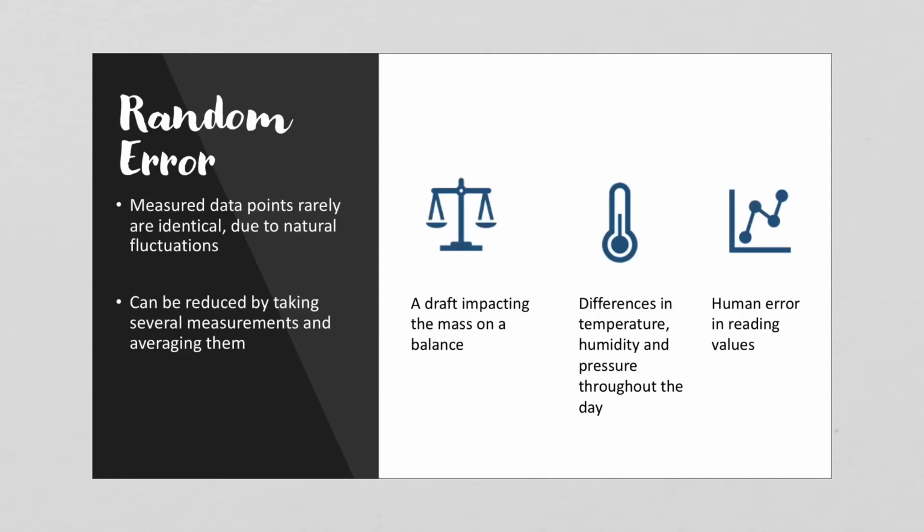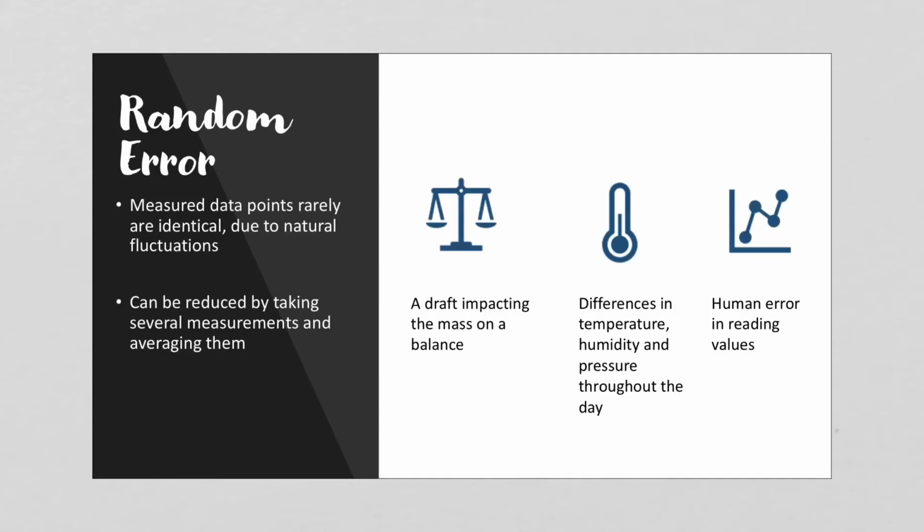So some examples would be, the first one, a draft or a breeze impacting the mass on a balance. So we always try to control as many of the outside variables as possible, so making sure there isn't a draft, but being in a climate-controlled building in the summer, air conditioning vents could come on and start blowing on your scale, or during the winter, you could have the heating vent do the very same thing.